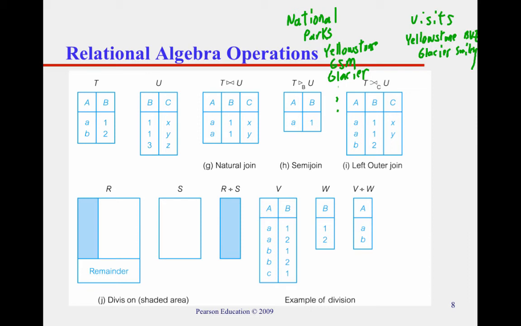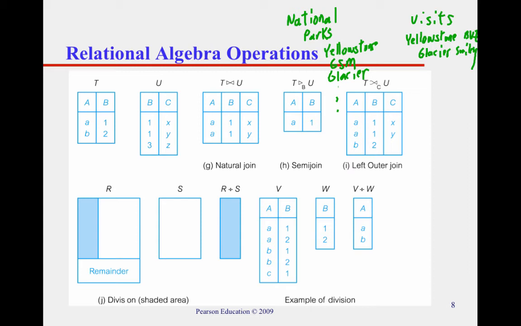It turns out that division is the operation you want. Or list all guests who have stayed at all rooms in the Grand Sylvester Hotel. So every room in the Grand Sylvester Hotel. That is set division. So in its algebraic form, you have 2 relations, R and S. And S has a set of attributes.